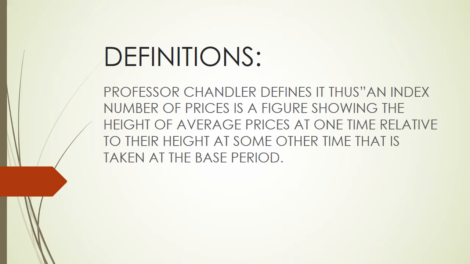So 2015 will be the base period that we use for comparing with the current or present period, that is 2020. Here he says the same thing: we figure out the prices of a commodity at one time compared to another time, but the commodity will be the same.